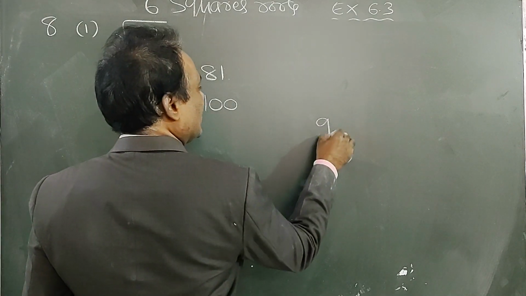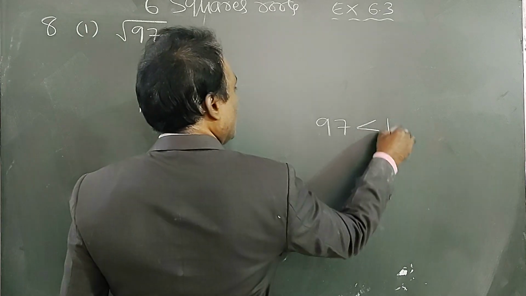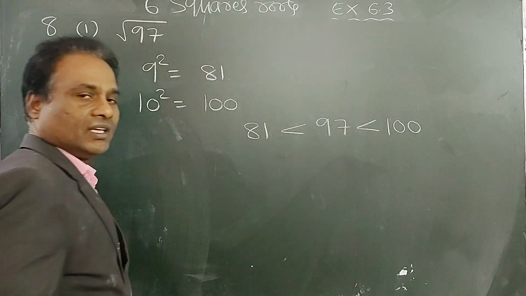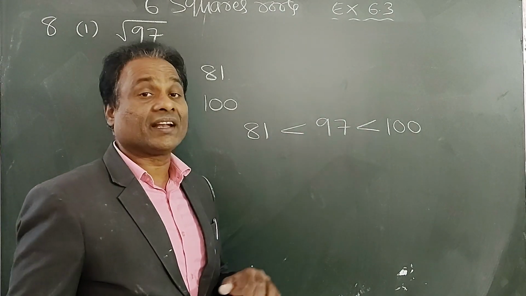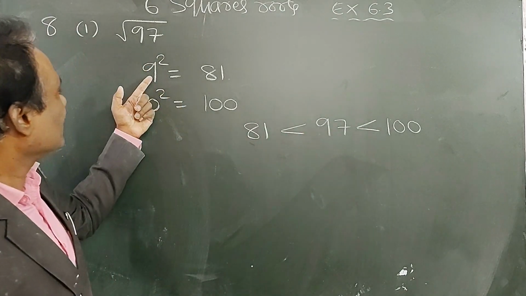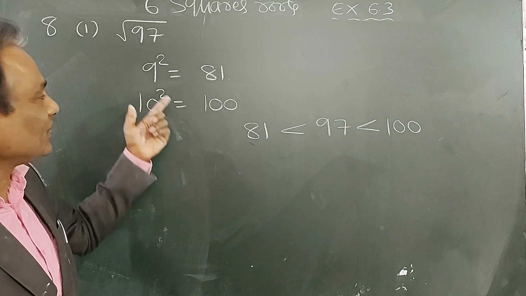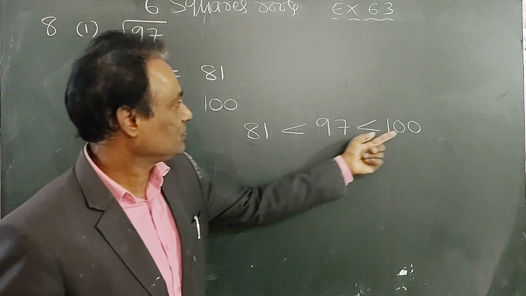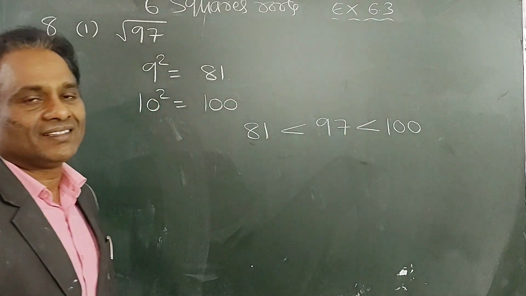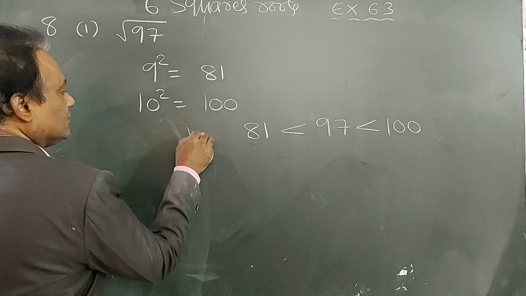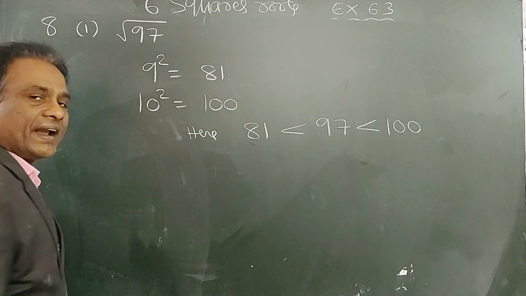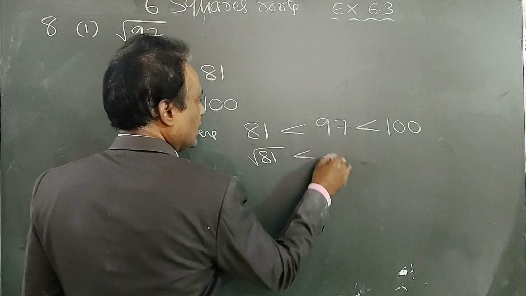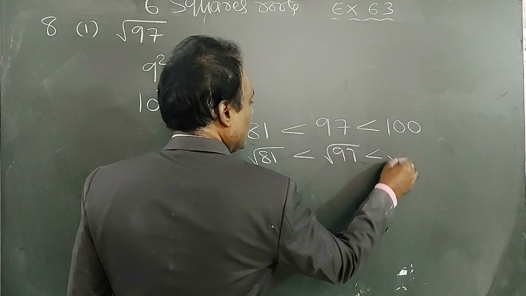So 97 lies between 81 and 100. Why did I take 81? Because we have to take squares only. 9 square is 81, 10 square is 100. Our number is between these two. Apply the root: root 81 is less than root 97, which is less than root 100.